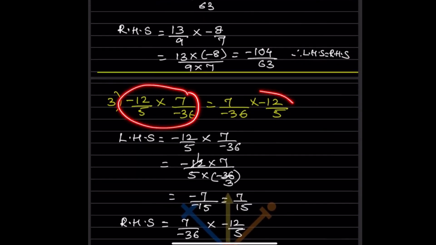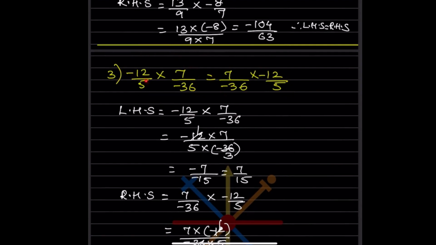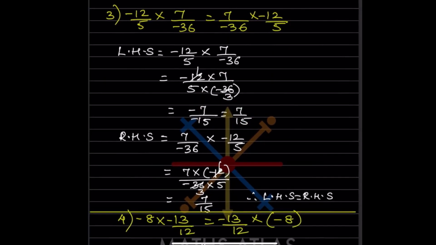Again here, minus 12 by 5 into this one, when you multiply this into this, that is going to be 12 1s are 12, 3s are. So what do we get here? This will be minus 7 divided by minus 15. Minus minus becomes plus, so that will be 7 by 15. Now take the RHS.